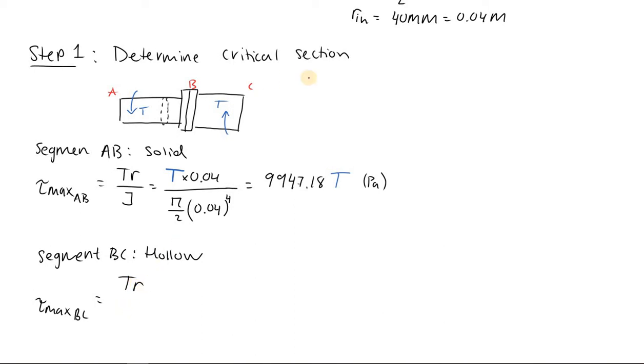But just recall that this is a hollow cross-section, so although it's still a circle, for our rotational moment of inertia we need to deduct the inner part. So just be wary of that when you do the calculation.